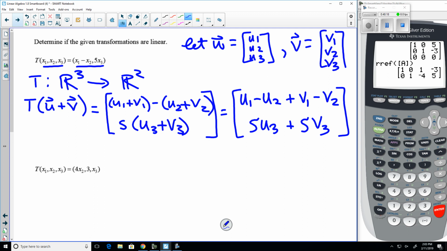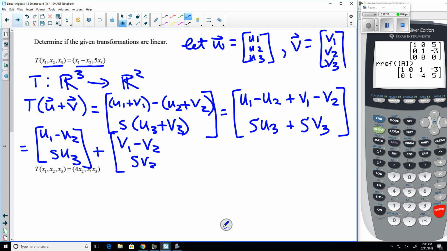Okay. Well, that's the same as this vector plus this vector. You agree with that? If I add those two together, I get the one previous. It's kind of decomposed it right into two different vectors. So what is this first guy?